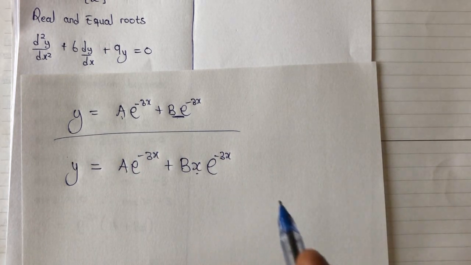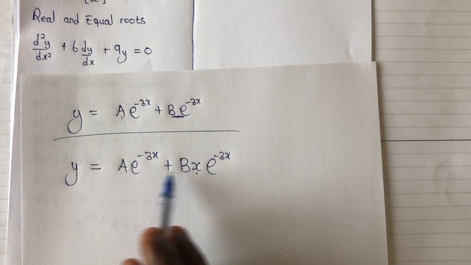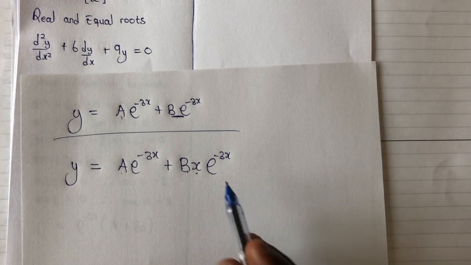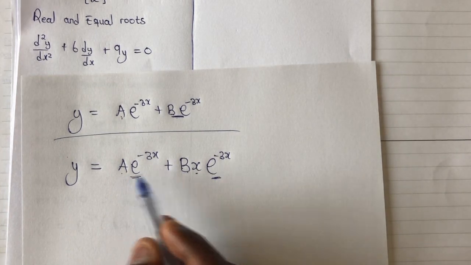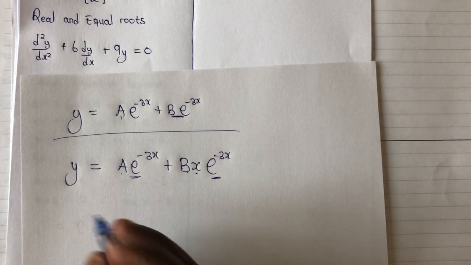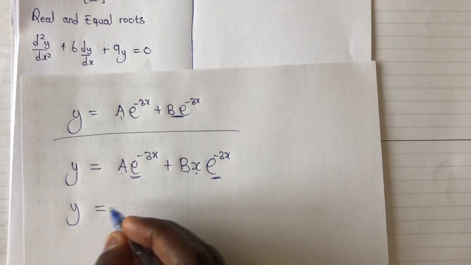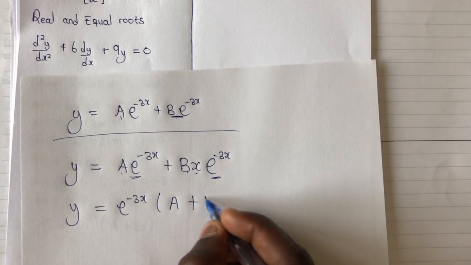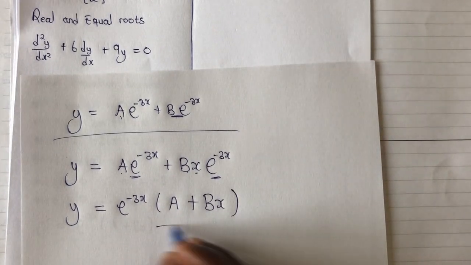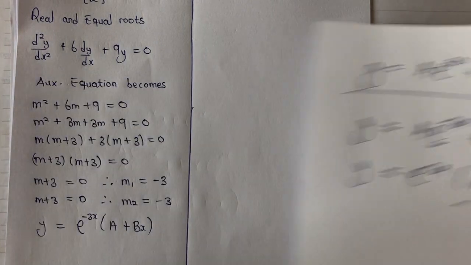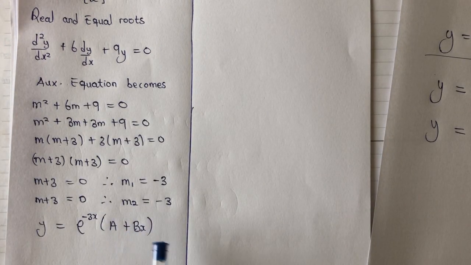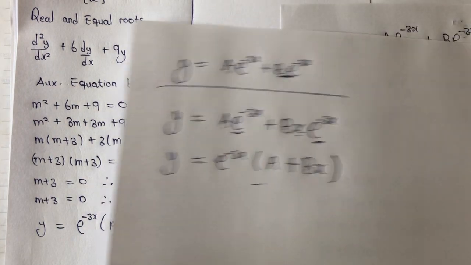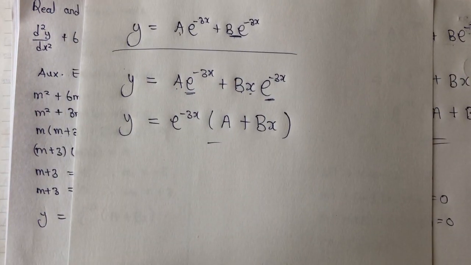Especially if you are finding the values for A and what? B. So now you can see that this and this are common, so I can factorize it out by getting y equals e to the minus 3x into (A plus Bx). And this is what I have here. So this is my final solution.